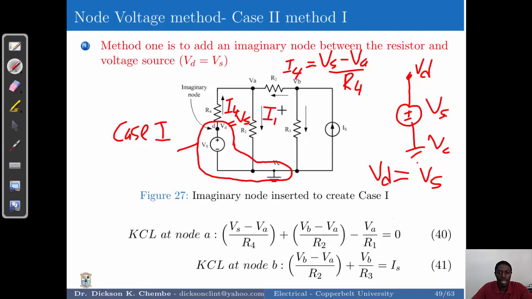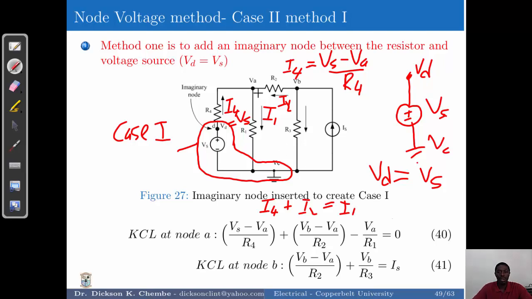If we label this as I1 and label this as I2, then the sum of currents entering a node, which is I4 plus I2, must be equal to the sum of currents leaving that node, which is I1 in this case.